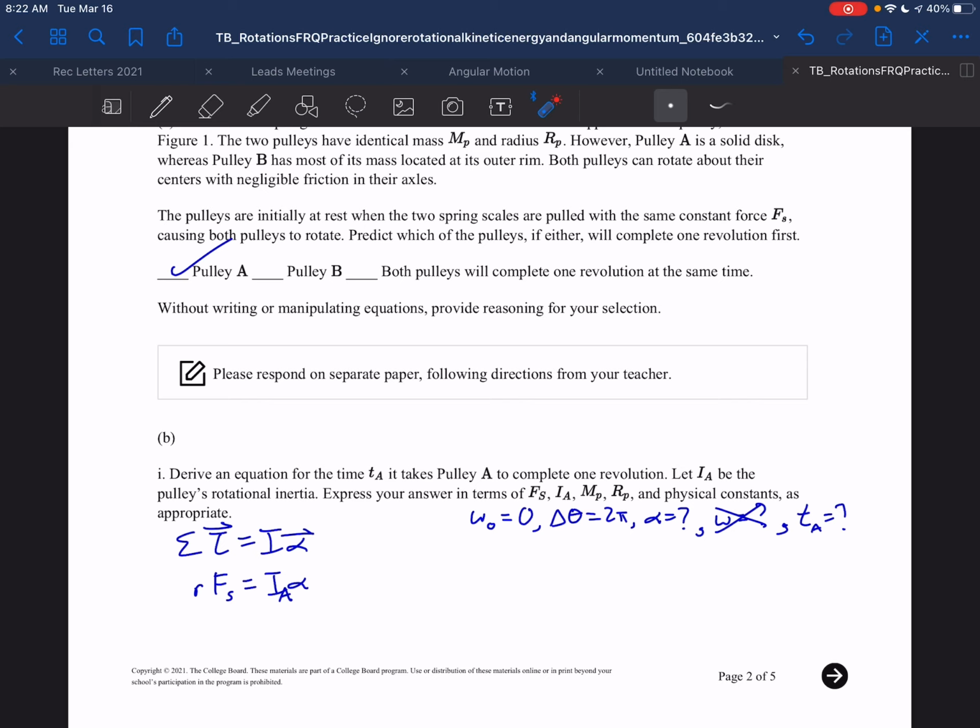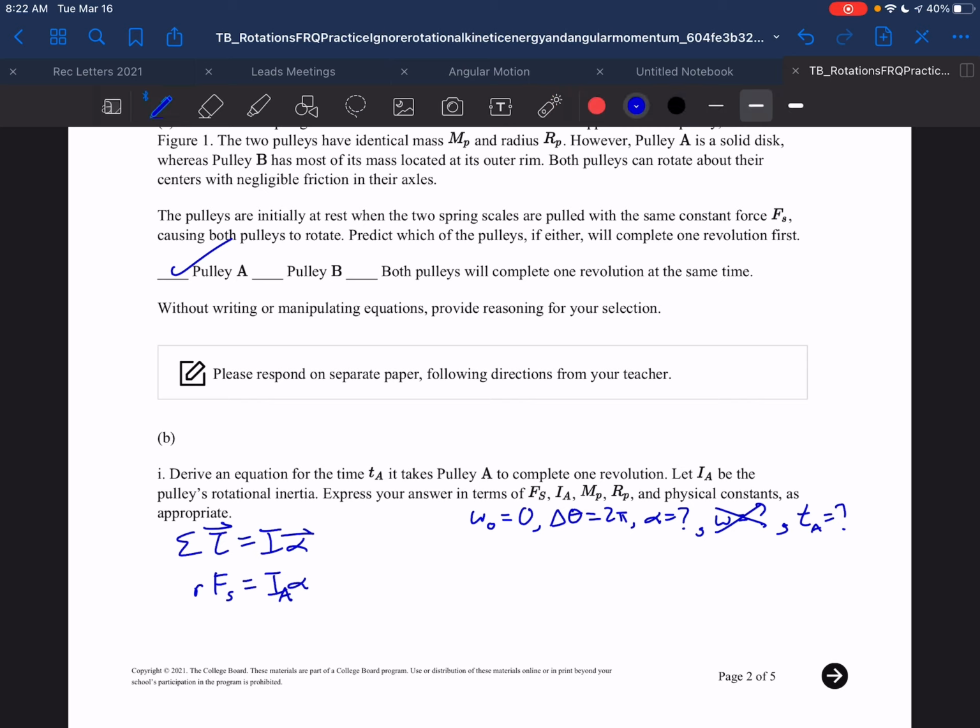But we kind of do know the alpha because we could use our work here from this equation to give it to us. So we should be able to build an equation that has alpha and TA, and then smoosh that into this equation to get rid of the alpha.